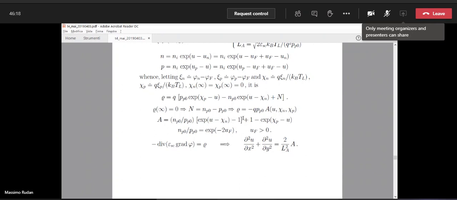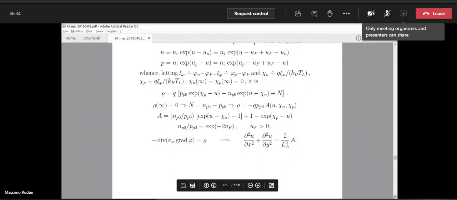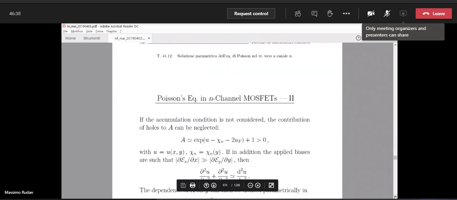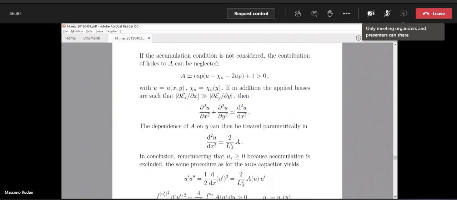When we neglect the -1 and we are left with the exponential of u minus chi n, we remember that the quantity in front of it can be written as the exponential of -2uF. So we use this definition so that the expression of A simplifies quite a lot.